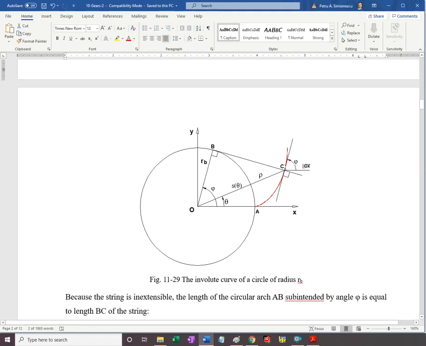There are some properties to the involute curve. One is that the length of this arc from A to B is equal to the distance between B and C, in virtue of the string being unwrapped carefully off the base circle.